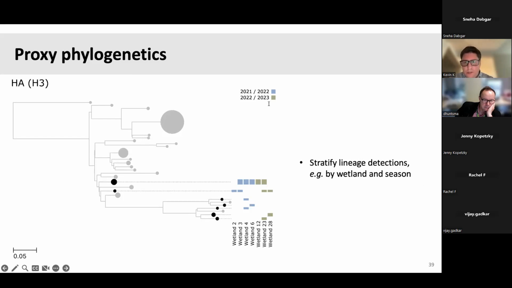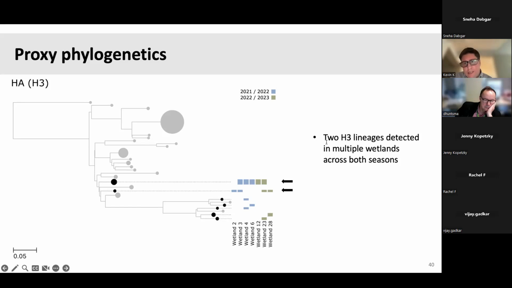The blue grid cells represent detections in the 2021-22 season, and then the green grid cells represent detections in the 2022-23 season. So this kind of analysis lets us see that there were 2 lineages that persisted over the summer of 2022 and were circulating in both surveillance seasons. And it also shows us that these lineages were widespread across multiple wetlands.